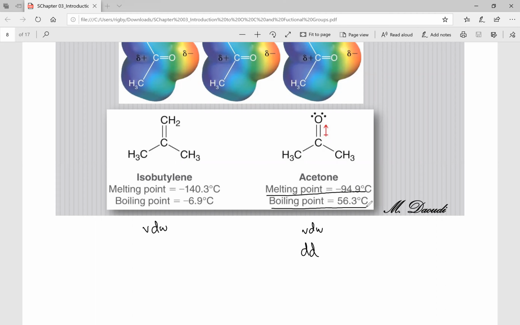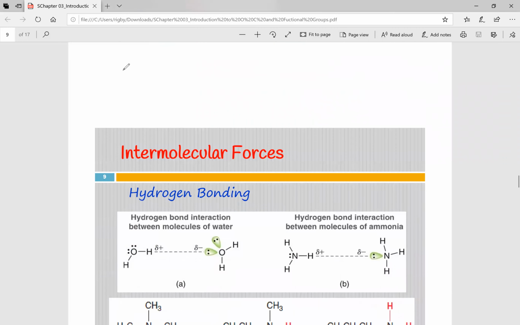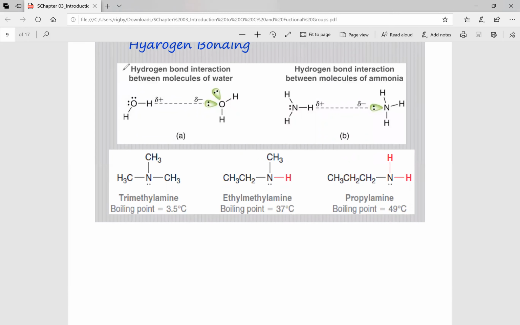If the molecules are more attracted to each other, they're going to hold on to each other more tightly. They're not going to be as prone to dissipating into the air, such as with boiling point, or melting into a liquid, such as with a solid going to a liquid. Okay, and so that's why this is important. The intermolecular forces determine the boiling point and the melting point of different types of molecules.